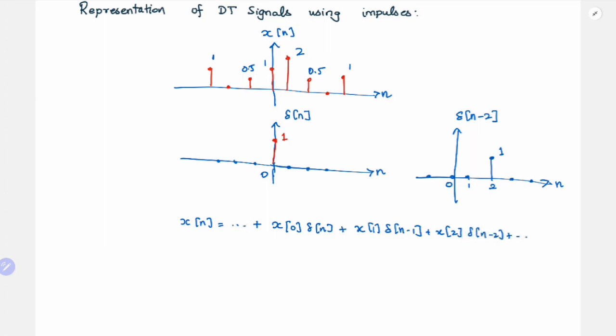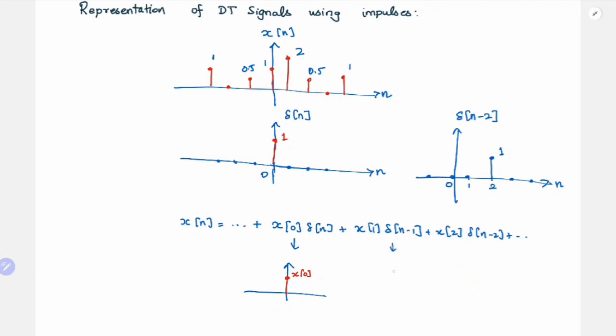I can write it this way, right? These deltas have unit values, like delta of n will be 1 only at 0 and everywhere else it is going to be 0. So when I take x of 0 and multiply it with this, I'll get x of 0 here, right?